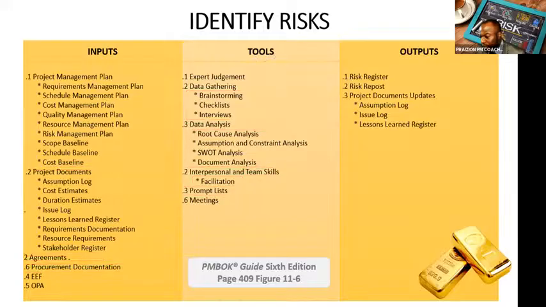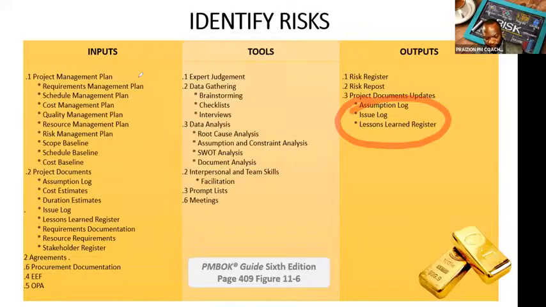This is definitely one of the favorites of question writers, identify risks, because that's where you get your risk report. And then regarding these other ones here, you have to know what those are, and the lessons learned register. Whenever you see that, you want to ask yourself, okay, what are we updating in our lessons learned register in this one?